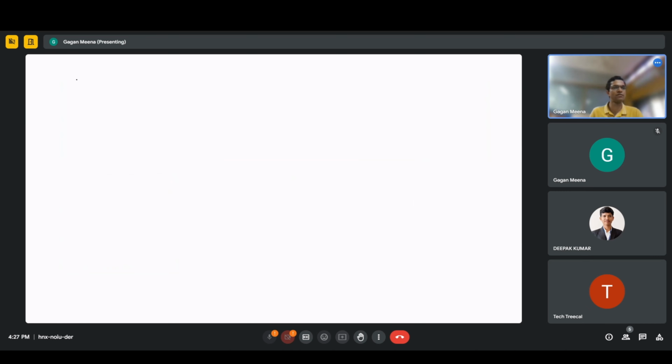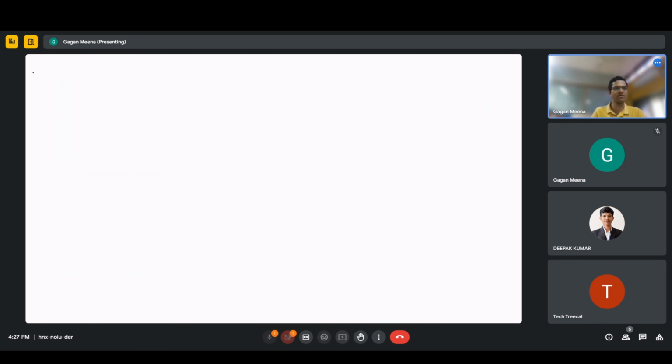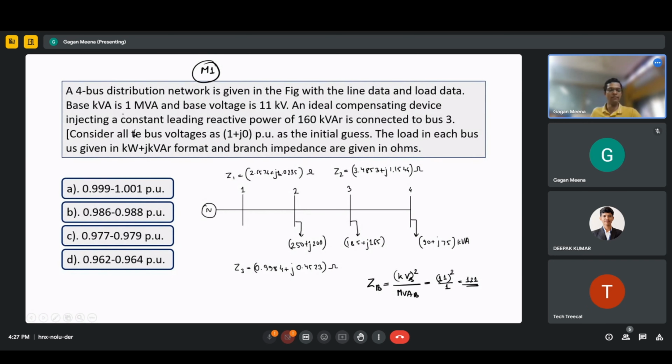Okay, let's calculate the per unit values first. Z base we have found is 121. Z1 per unit is, let me copy this.